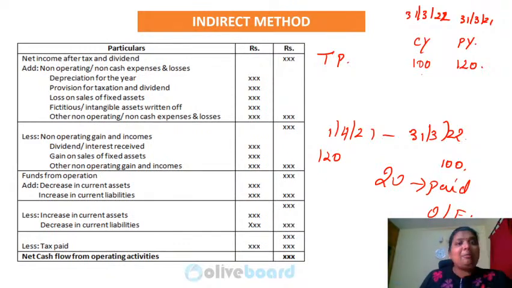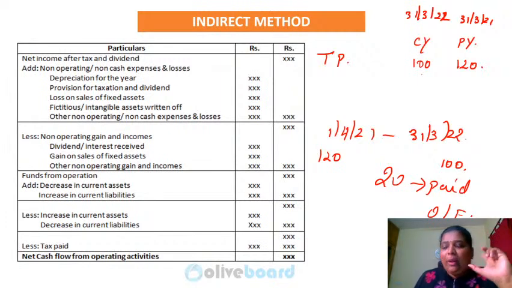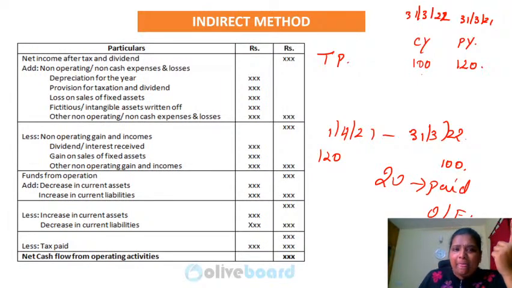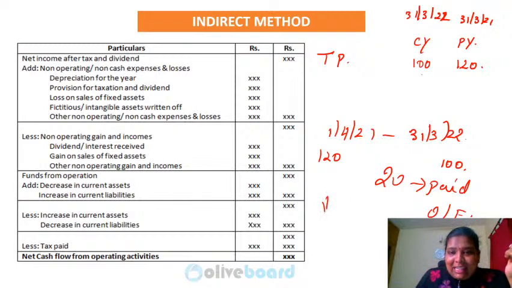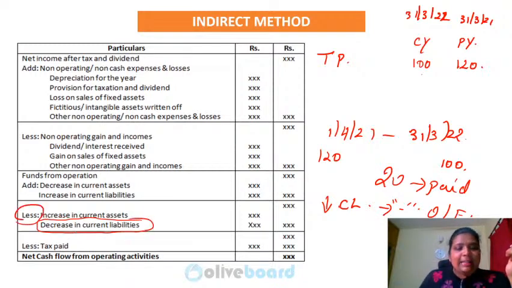Outflow means cash is going out, so you need to reduce it. That's why a decrease in current liability means minus, less.